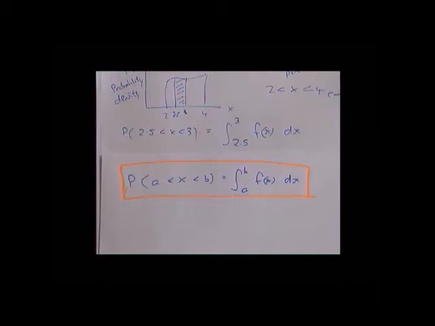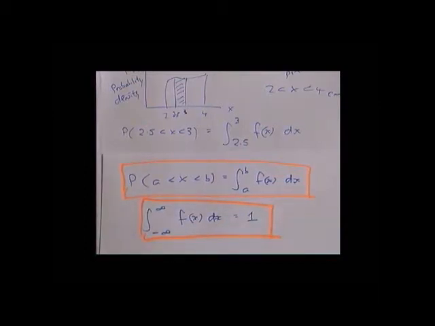Integrating the entire range will give 1. If you integrate from minus infinity to infinity, which should cover the entire range, of your probability function with respect to x, you get 1. That's exactly right. That's the equivalent of they all add up to 1 in discrete.